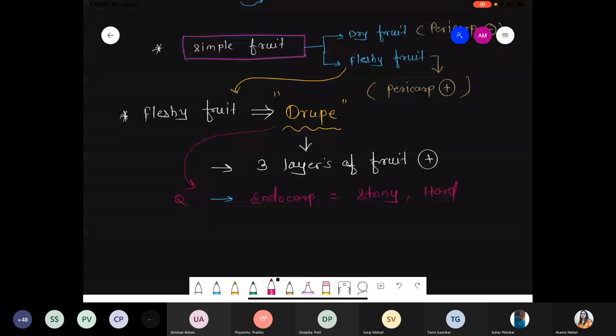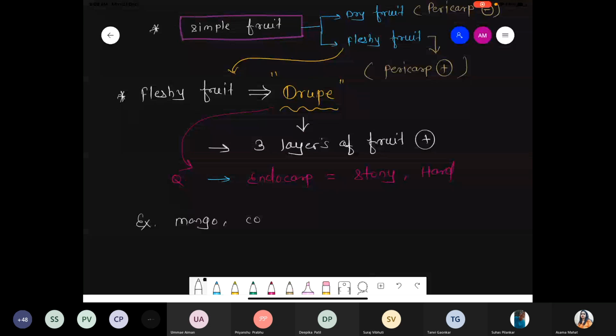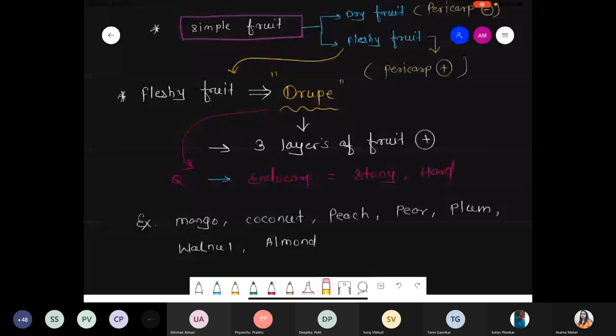Remember the examples. First one, mango, coconut. Mango, coconut, these are examples of true fruit also. Third example, peach. Then pear, palm. Peach, pear, palm. Walnut, almond, etc. That's it. These are sufficient. So these are the few examples which come under the drupe category.